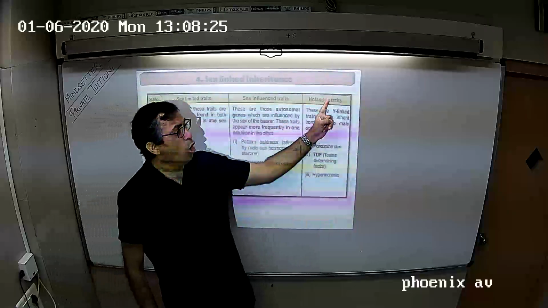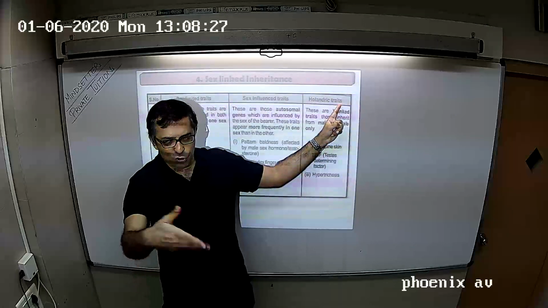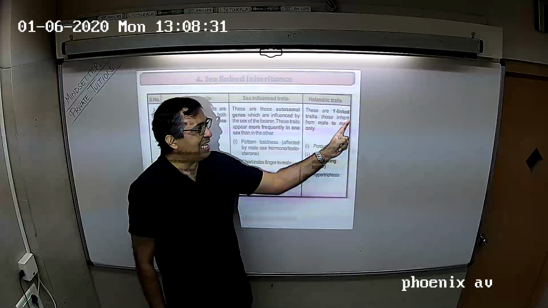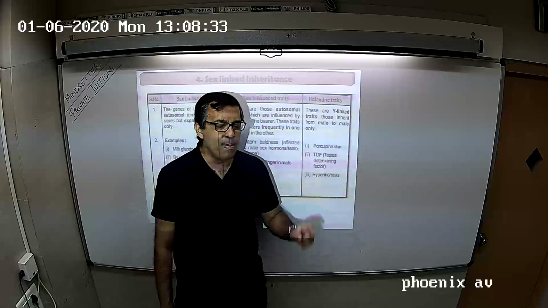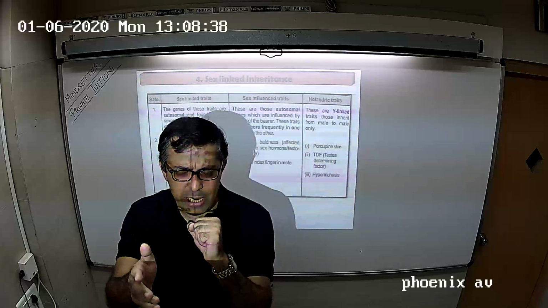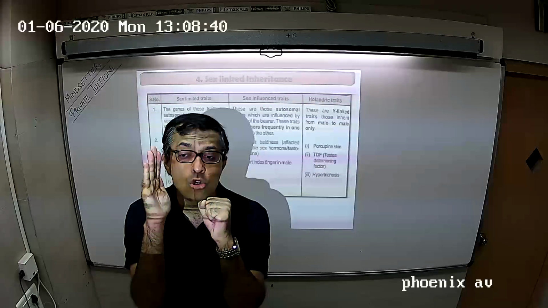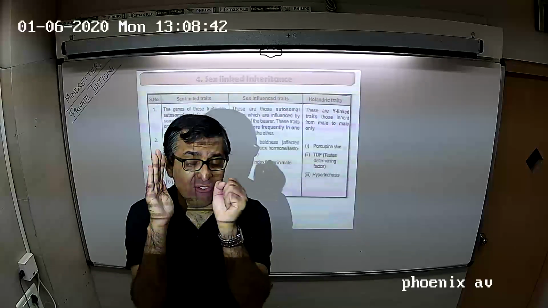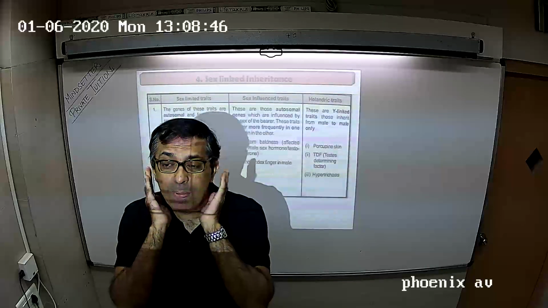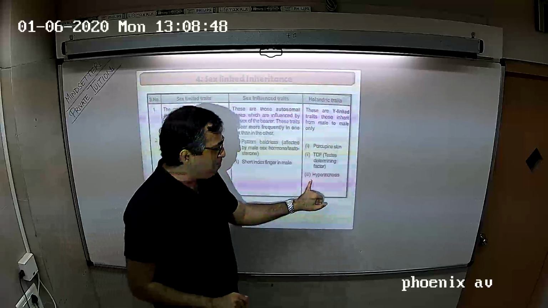And then you have holandric traits, which we know already are called as Y-linked traits, and they will inherit from male to male only. Which diseases are found from male to male? If you remember, on the non-homologous region of the Y chromosome, we have gene for hypertrichosis.